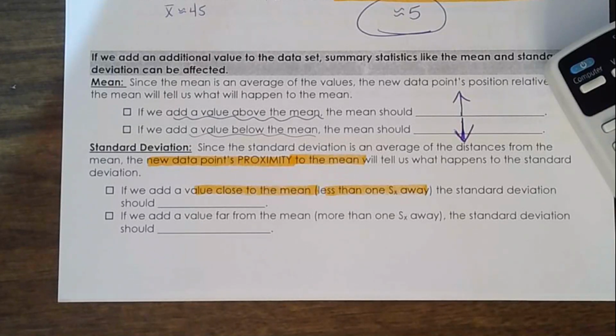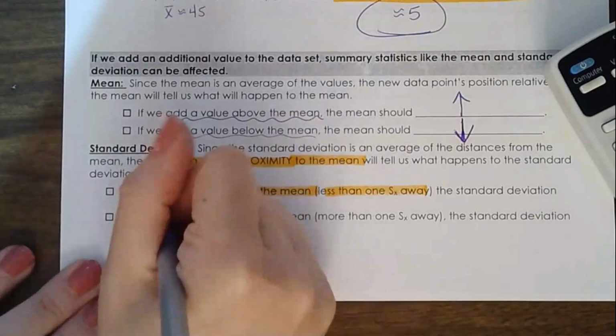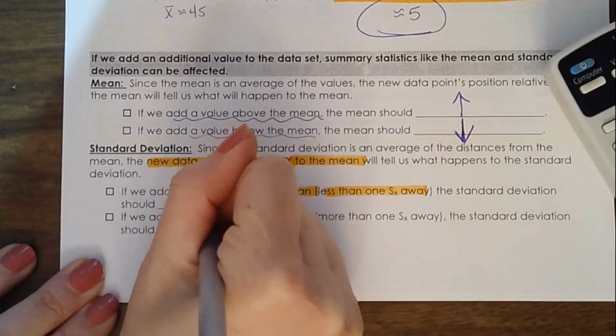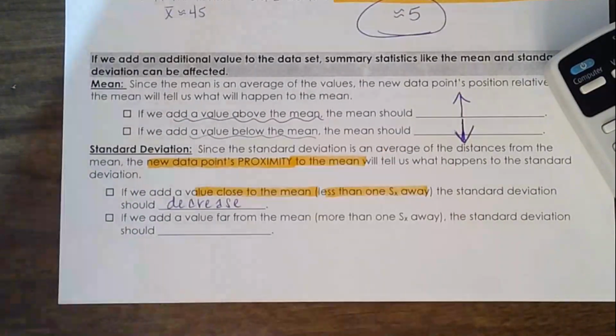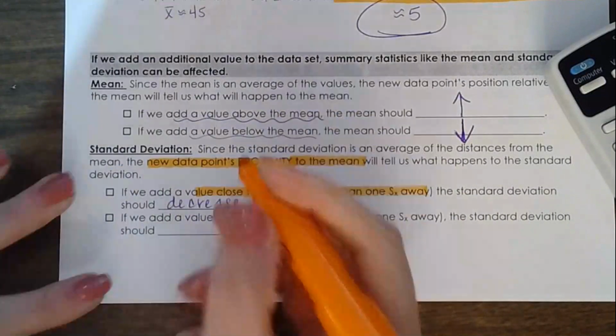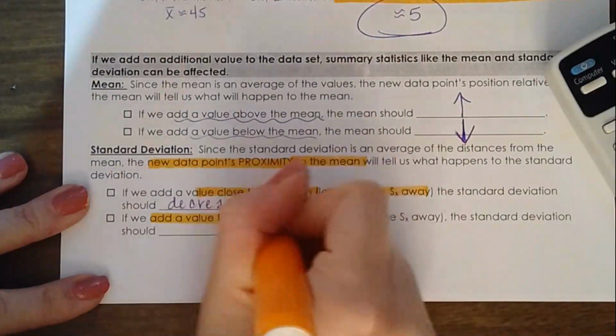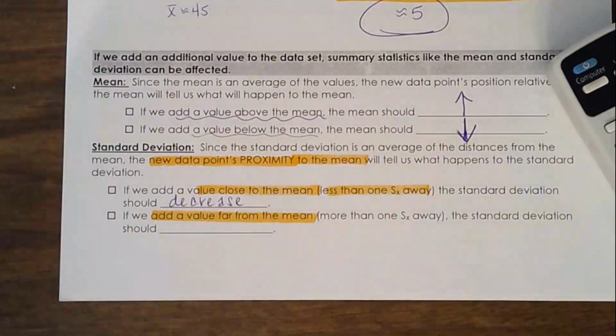So the standard deviation will decrease. If I add a data point far from the mean, your data goes from looking like this to looking like this, more spread out, so your standard deviation is going to go up.